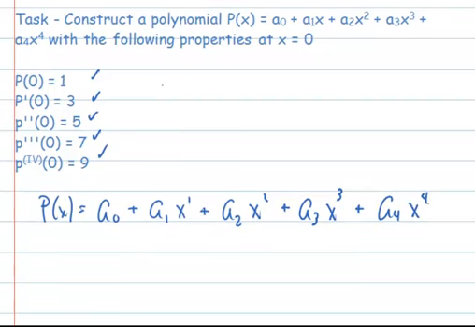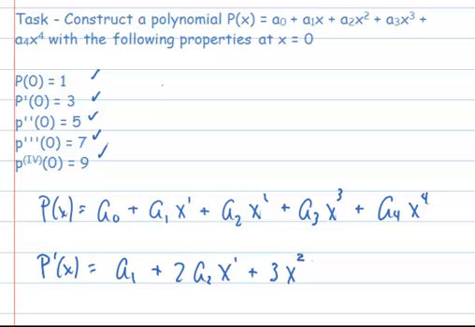So when we take its first derivative, it will be a sub 1 plus 2 times a sub 2 x to the first power, plus 3 times a sub 3 times x squared, plus 4 times a sub 4 times x to the third power.